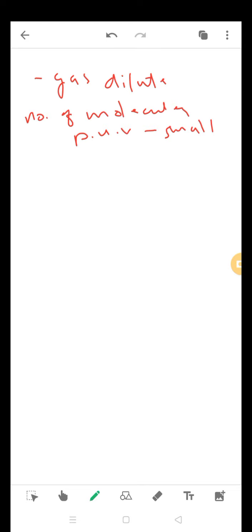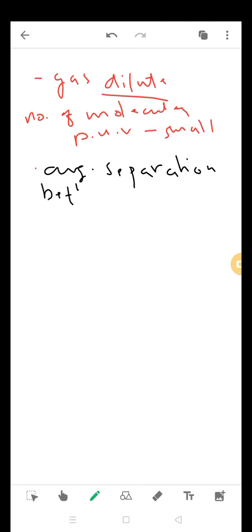And not only this, this dilute nature also means the average separation between the molecules is large.